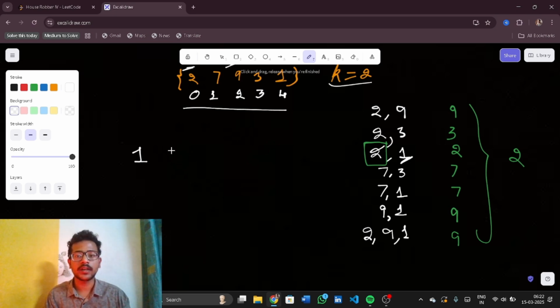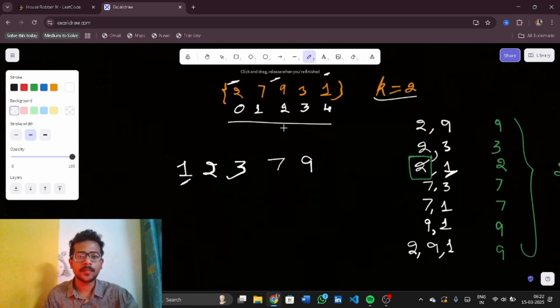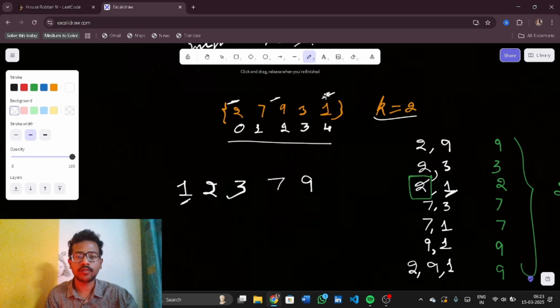Now after that I have 2 as the value, and also 3, 7, and 9. What does this represent? This represents 1 as the minimum value that I can rob. That means imagine taking this one.